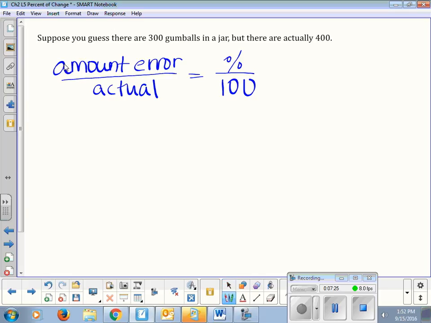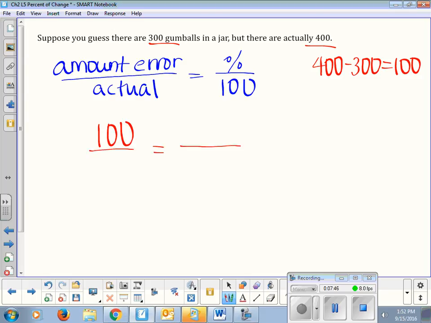What would be our amount of error if we guessed 300 but there's actually 400? How many were we off by? 100. So there's actually 400. We guessed 300. Our amount of error is 100. And what was the actual amount? 400. Do we know our percent? No, so we have x over 100.